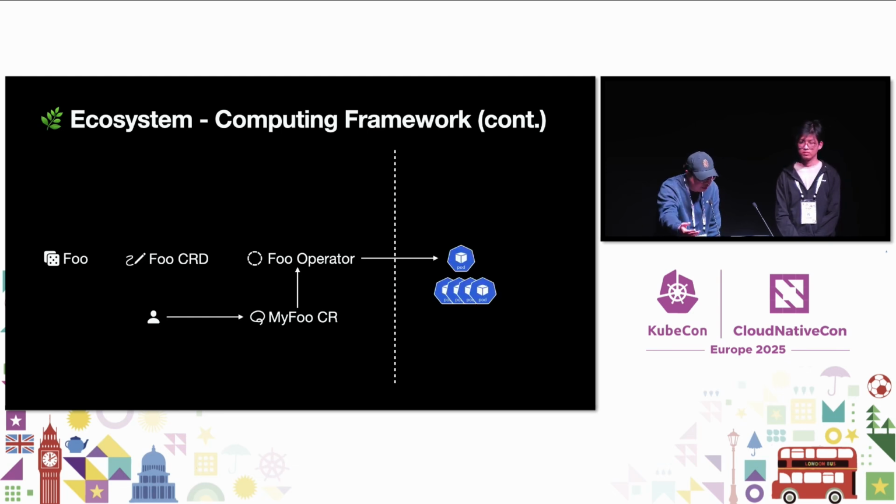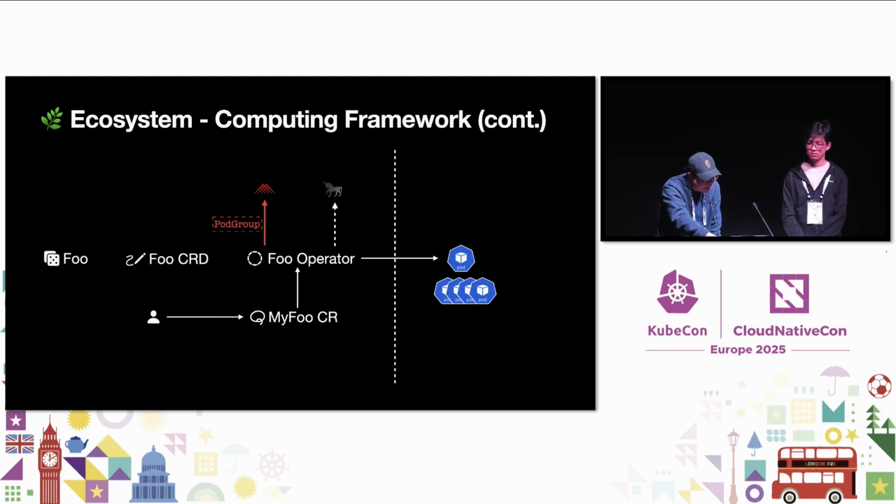Usually the batch workloads have a coordinator part and some worker parts. For Volcano and YuniKorn, the integration they usually do is that they change the source code of the Foo operator to let the Foo operator create the pods or the scheduler-specific API carrying the required information.